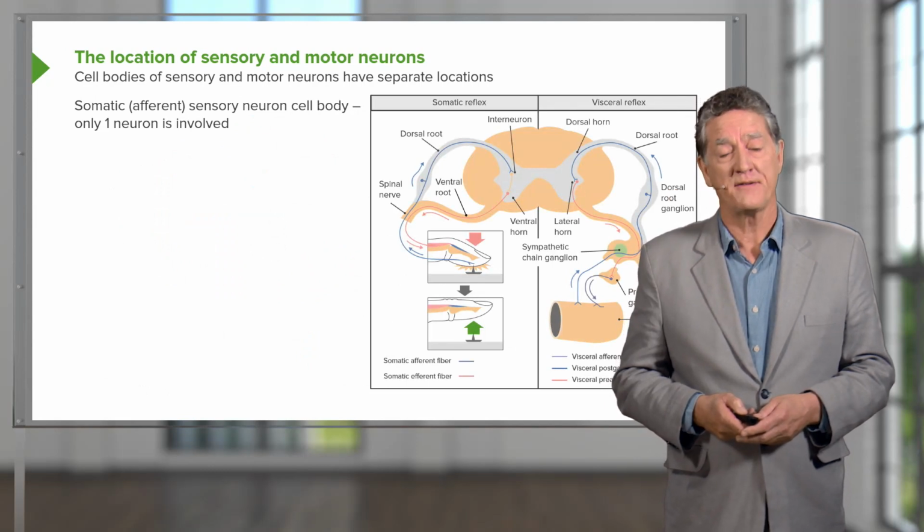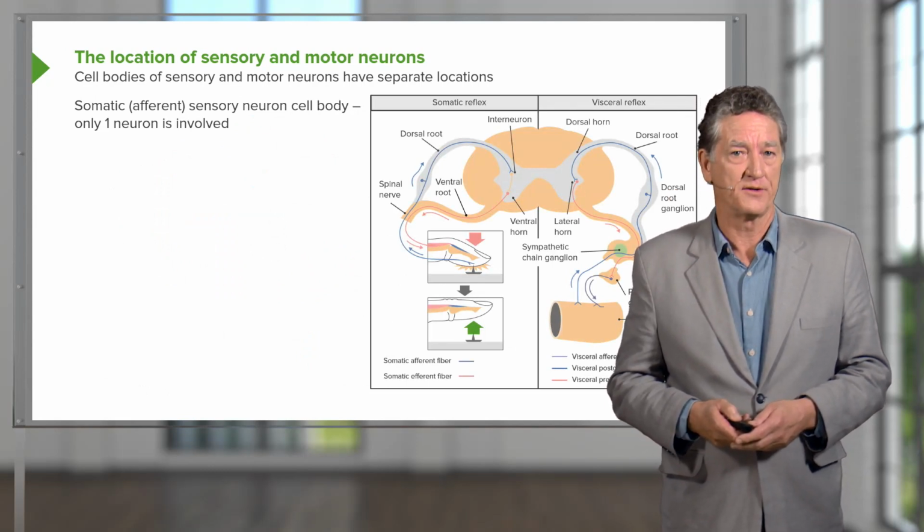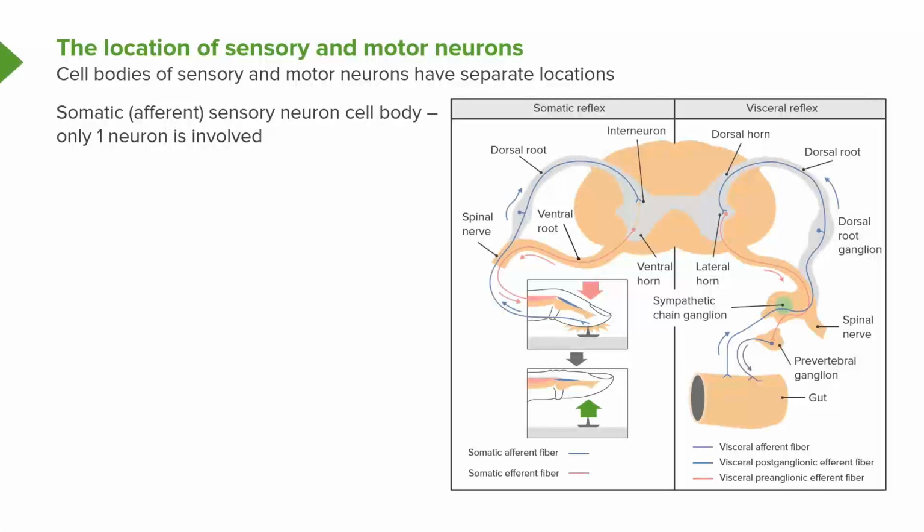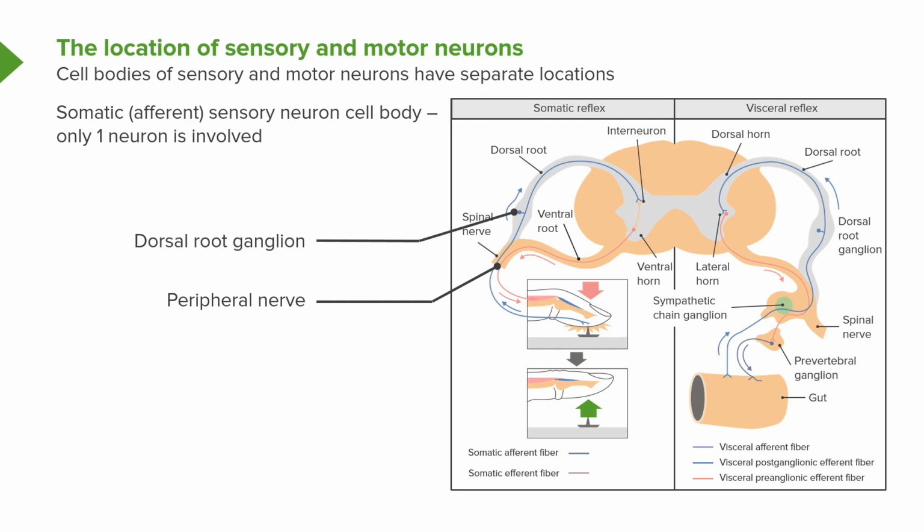Well, let's have a look now at sensory neurons. Where are they located? Have a look again at the peripheral nerve. Familiarise yourself again with the somatic reflex side of this diagram, and have a look at the dorsal root ganglion labelled there. That is where the cell body of the sensory neuron is located.